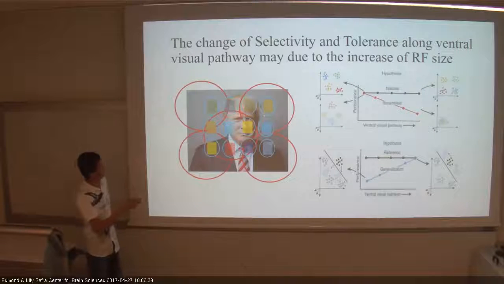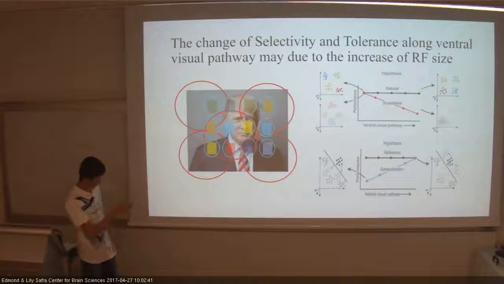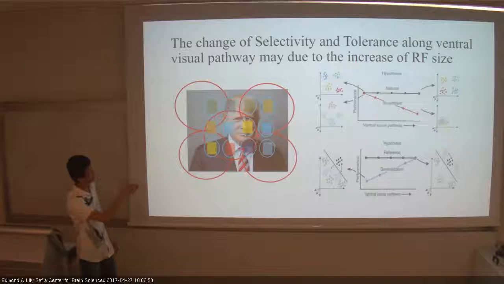If you give noise block by block while keeping the local features, the larger the receptive field, the more this noise will distort the feature conjunction, and the stronger the distortion. So low visual areas with small receptive fields will have a higher selectivity, right?